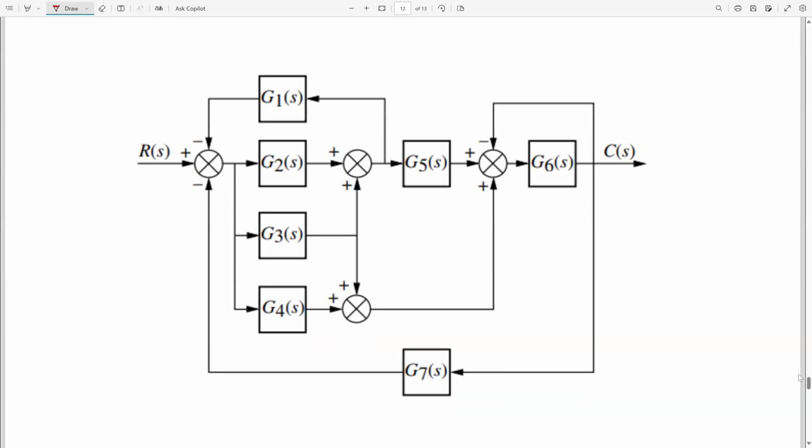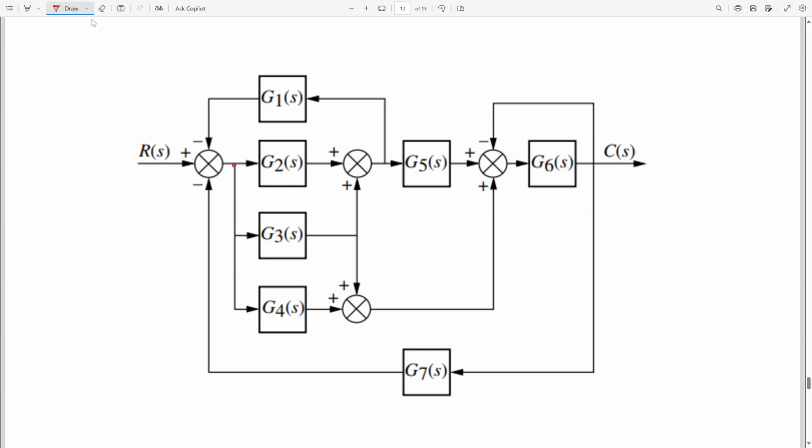Okay. So the main forward path is from here to here. And then you start naming your internal signals.